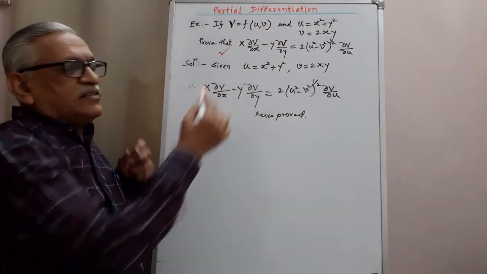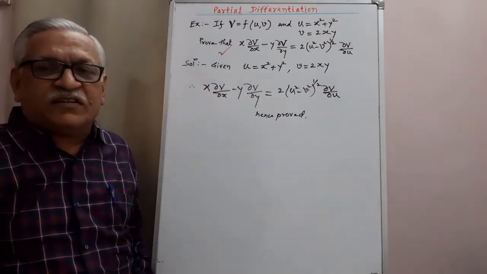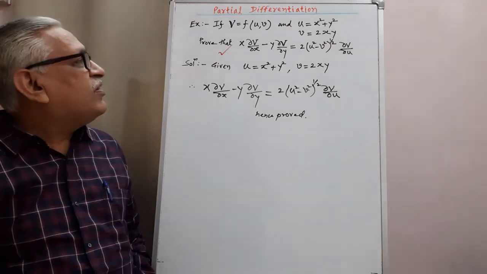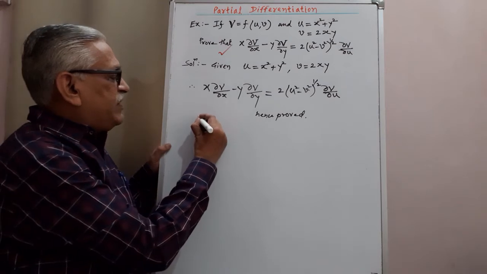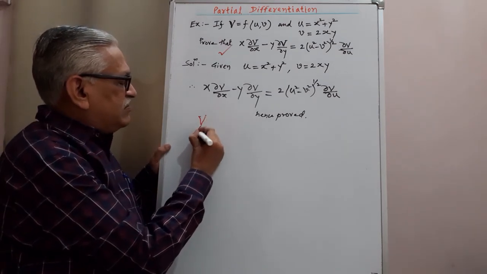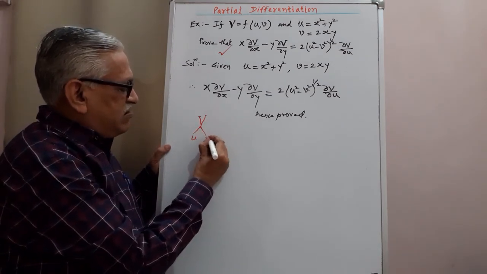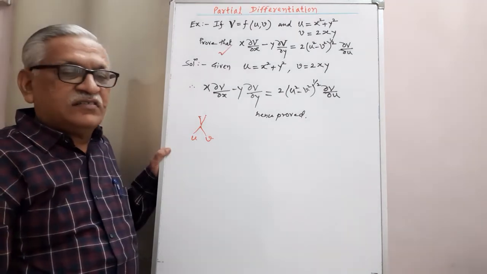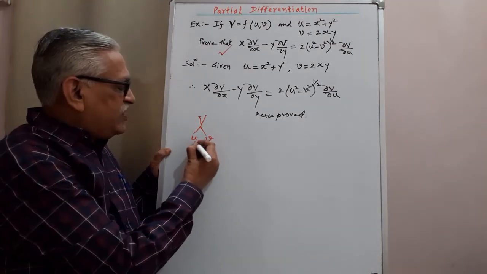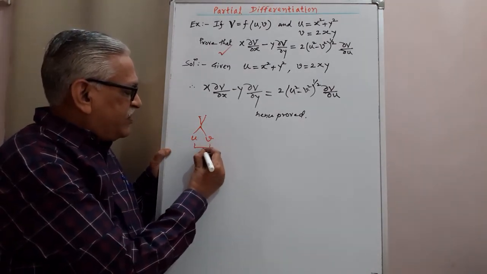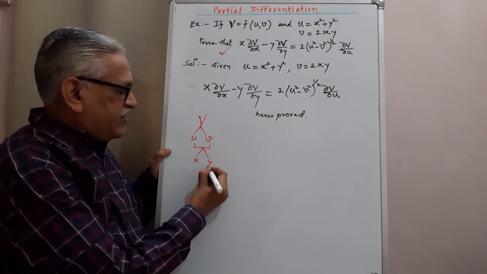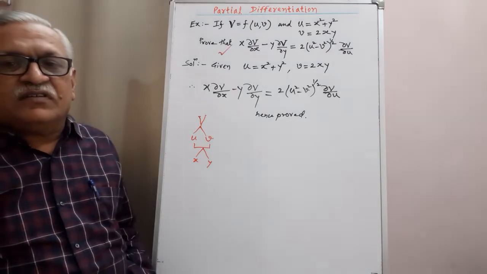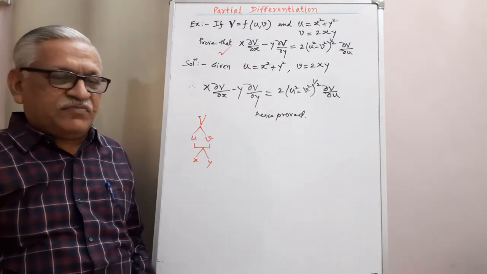Here by observing that term carefully, capital V is given as a function of two independent variables, and that u and v are again a function of another two independent variables x and y. We get such type of tree diagram.